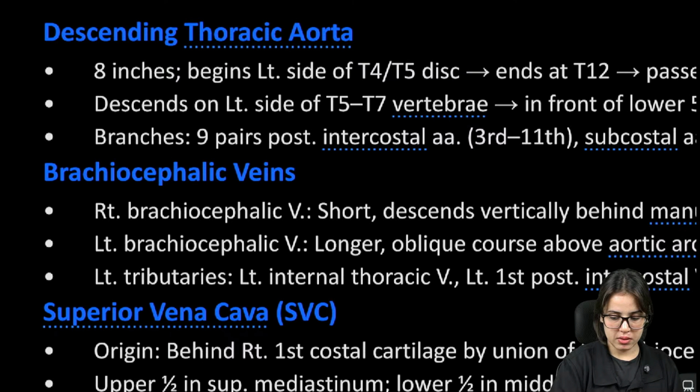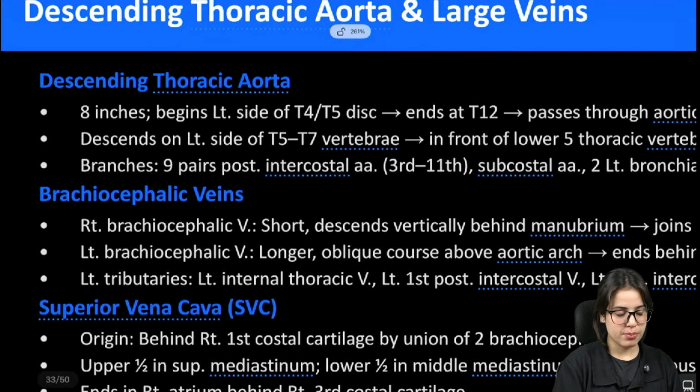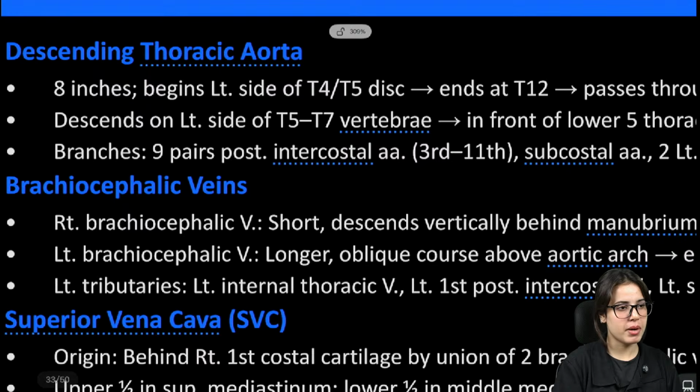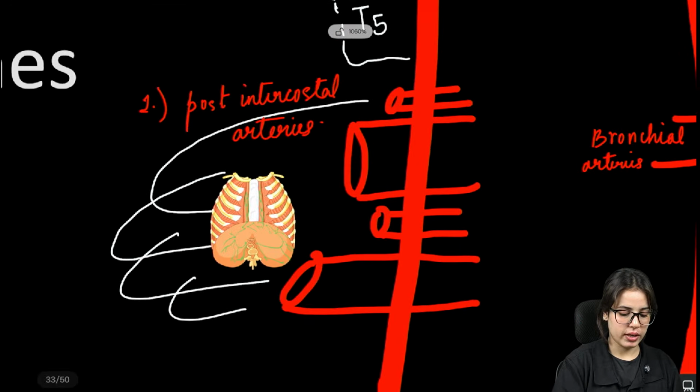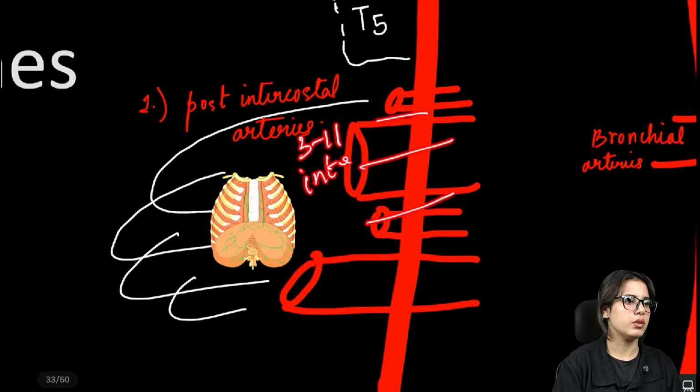Then the branches. There are 9 pairs of posterior intercostal arteries, from the 3rd to the 11th. Look, from 3rd to 11th, these intercostal arteries come out from here.